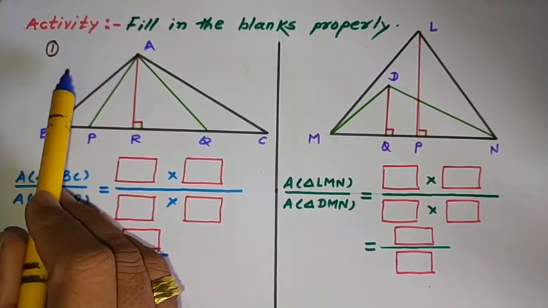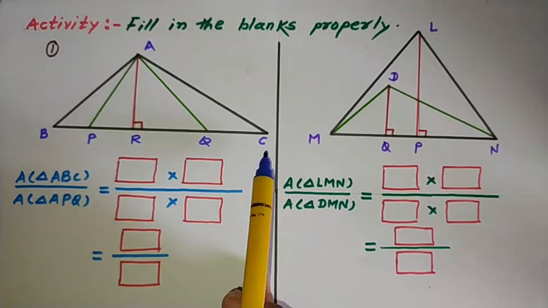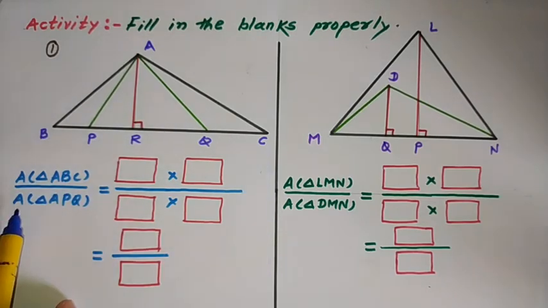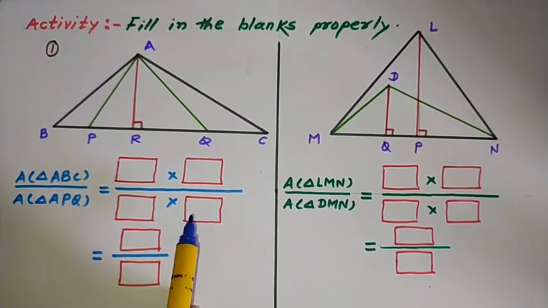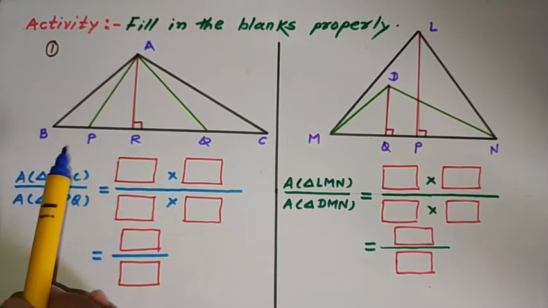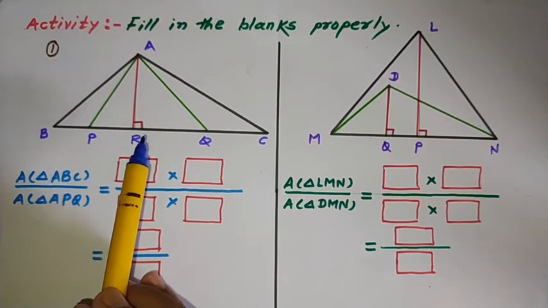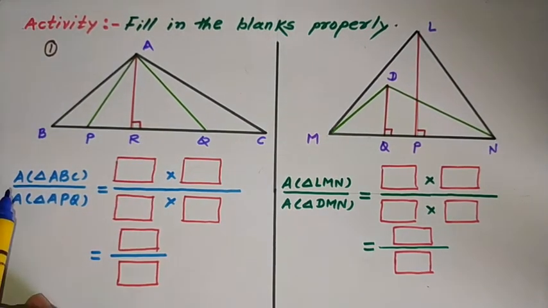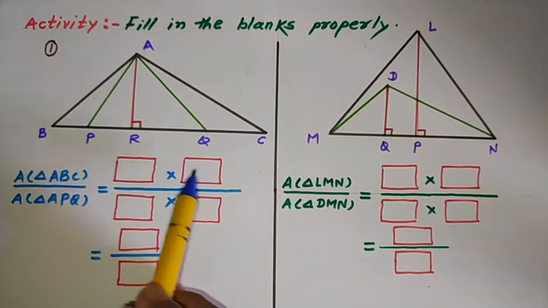See the first activity. In the given figure, the ratio of triangle ABC and triangle APQ. We know that the ratio of the areas of two triangles is equal to the ratio of the product of their bases and corresponding heights. First write down the area of triangle ABC: base into height.